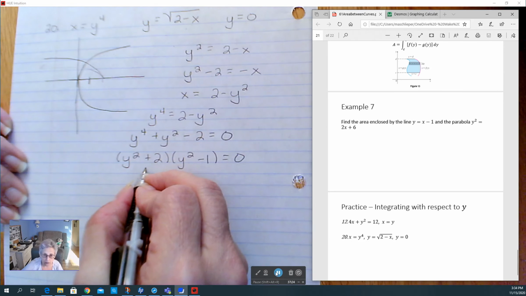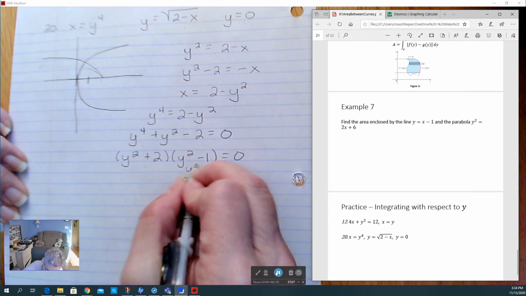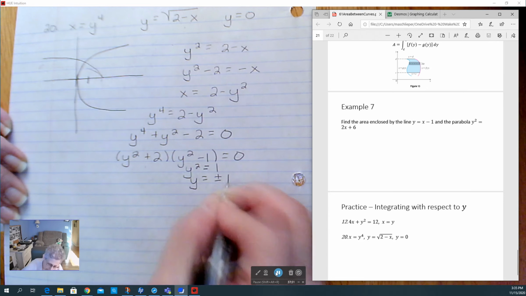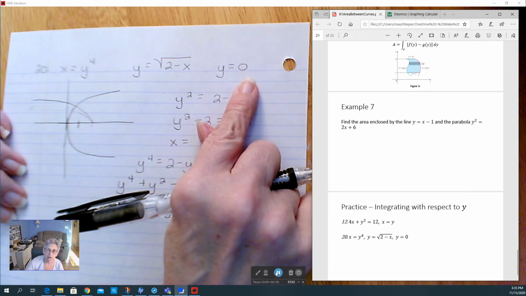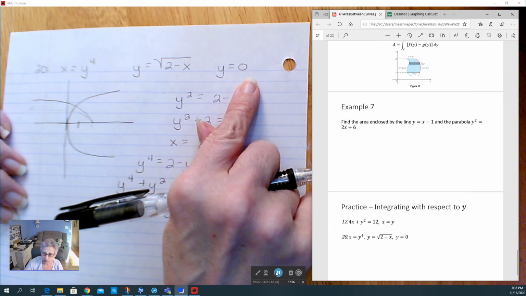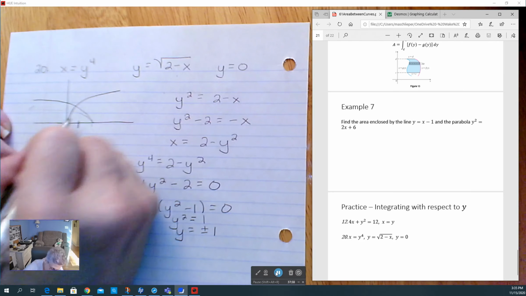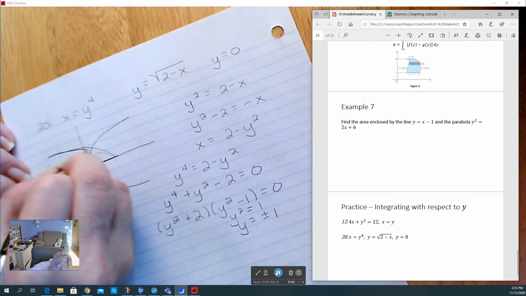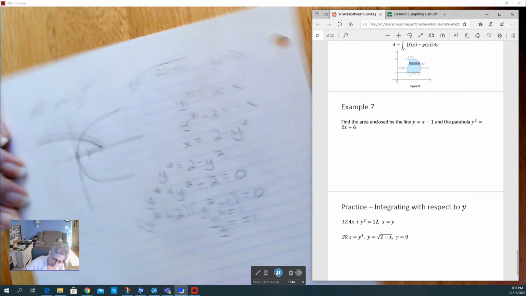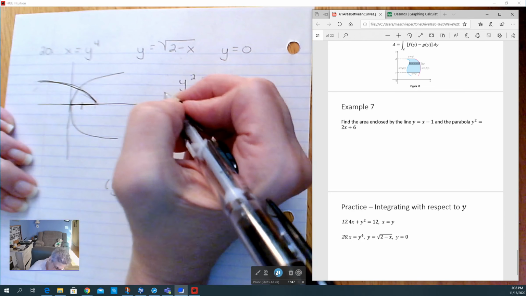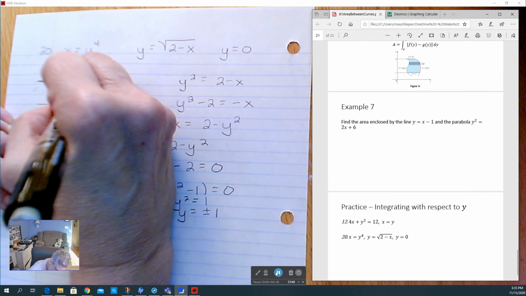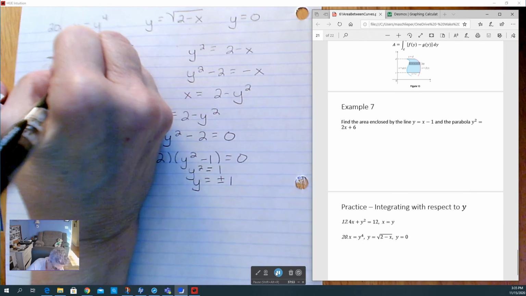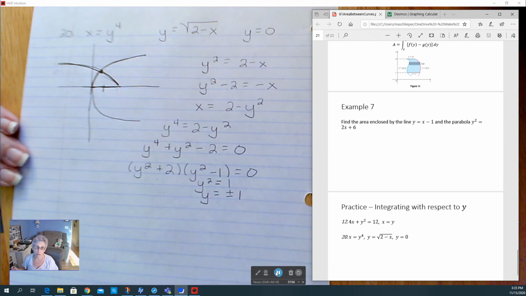This one has no real solutions. Y squared equals 1, y equals plus or minus 1, but y has to be greater than 0 because we want it to be bounded by y equals 0, y equals square root of 2 minus x, and x equals y to the fourth power. So that's actually sitting there at 1.